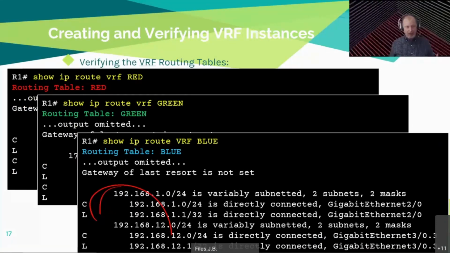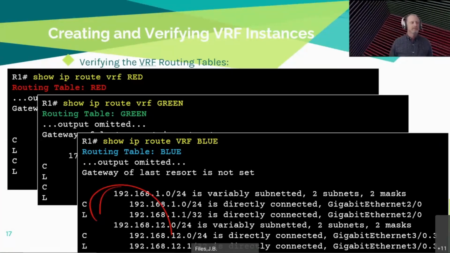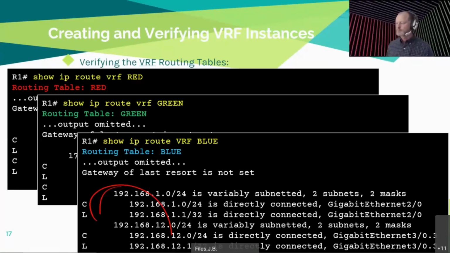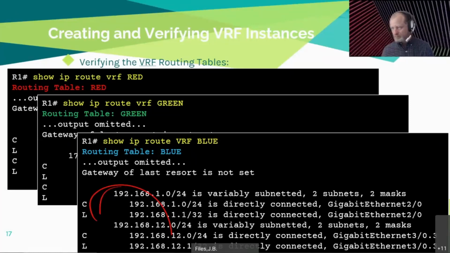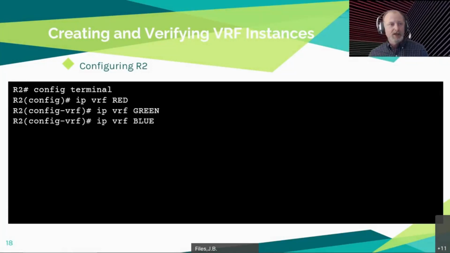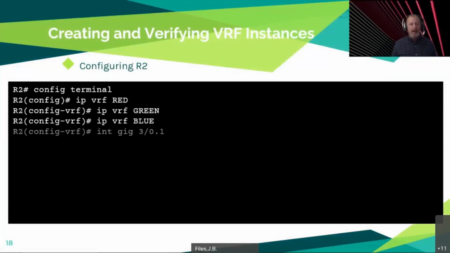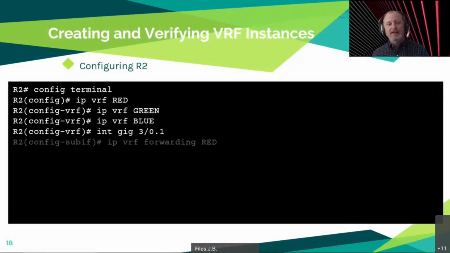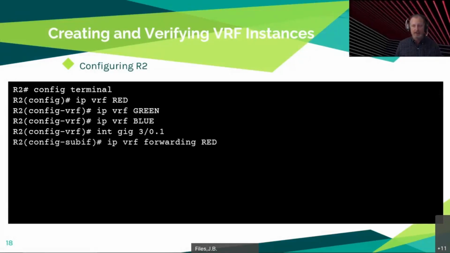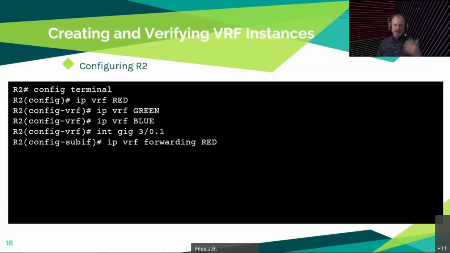Now we have to configure R2. Before we get to R2, any questions or anything? All right. So create the VRFs, step 1. Then we're going to go to each interface and assign it a VRF. We did that in 2 separate steps, but we're going to do it all at once here.